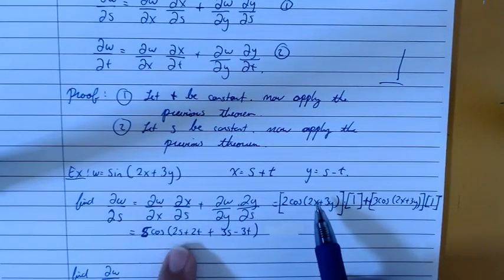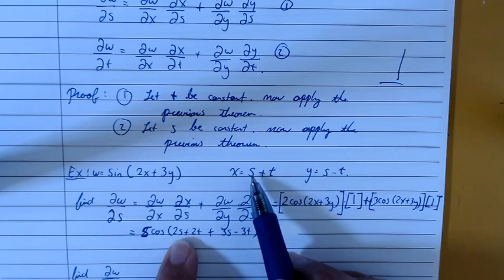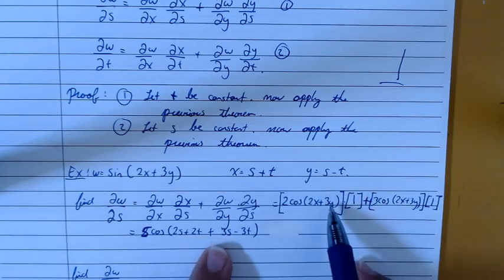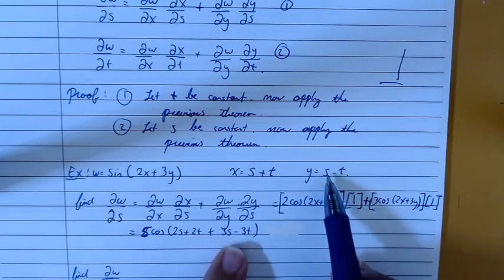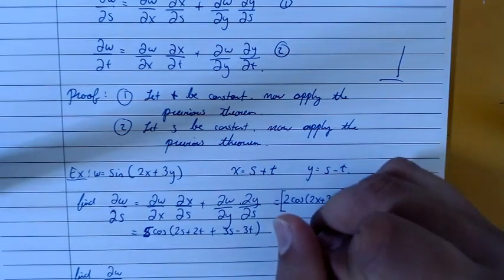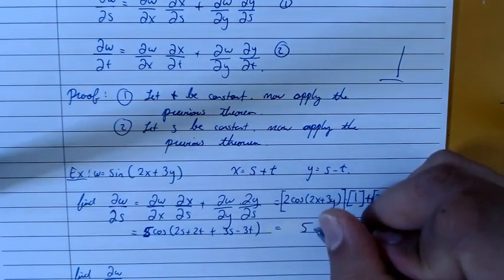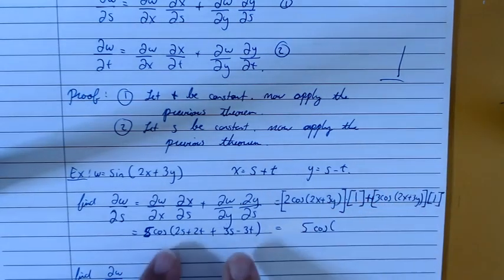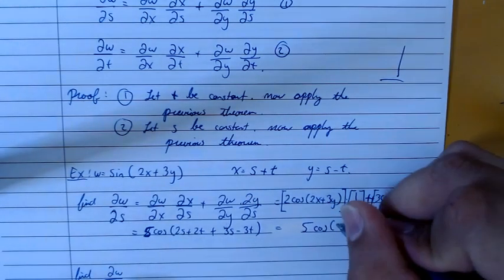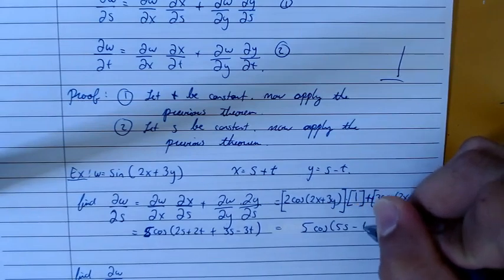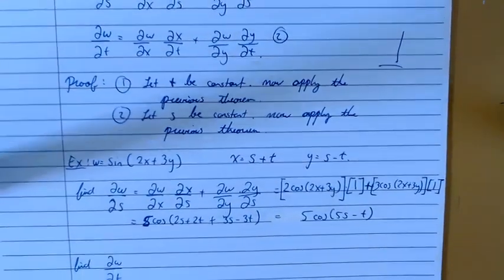So now the 2x gets replaced by 2s plus 2t, and the 3y gets replaced by 3s minus 3t. And so this brings us to our result. That'll be 5 times the cosine of 5s minus t. Just like that.